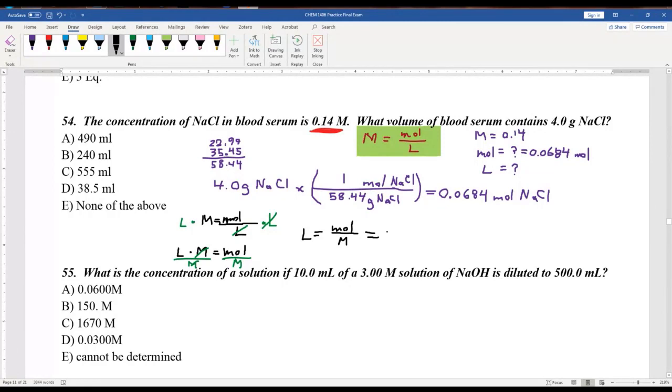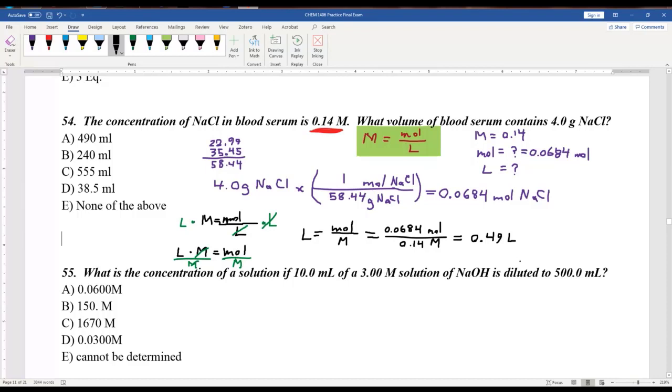I have moles of 0.0684 moles, and I'm going to divide by 0.14 molar. And that's going to give me my liters. How many liters do I get? 0.48, 49, or 0.49, but yeah. So with two significant figures, it's going to be 0.49 liters.